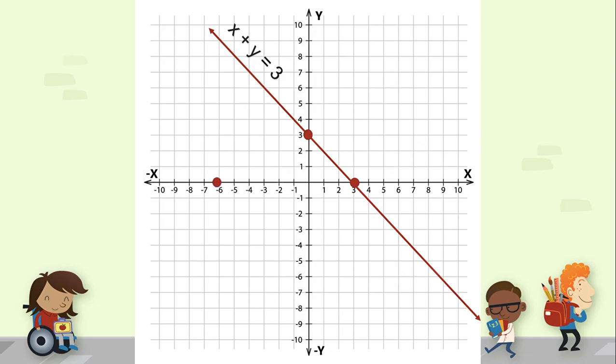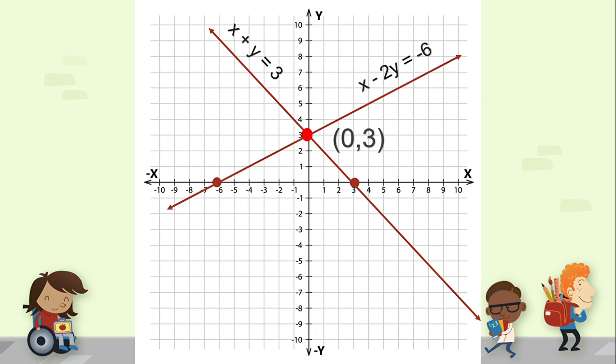We have (negative 6, 0) for our x-intercept and (0, 3) for our y-intercept. And this is the graph of x minus 2y is equal to negative 6. Check whether the solution of the system satisfies both equations. From here, the solution is (0, 3).